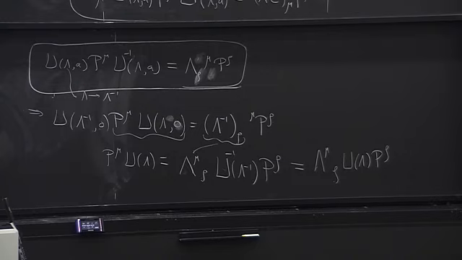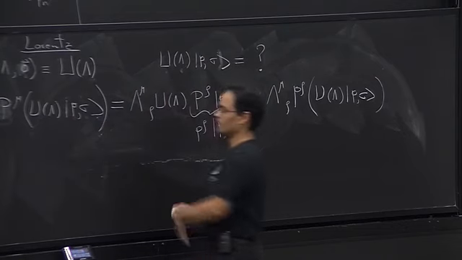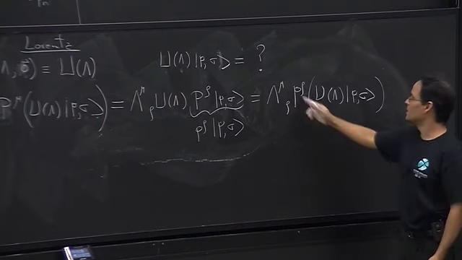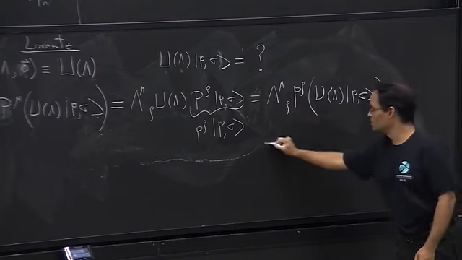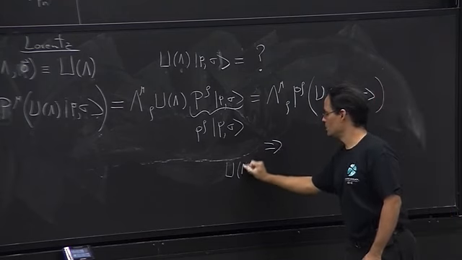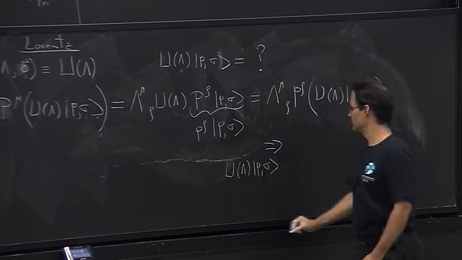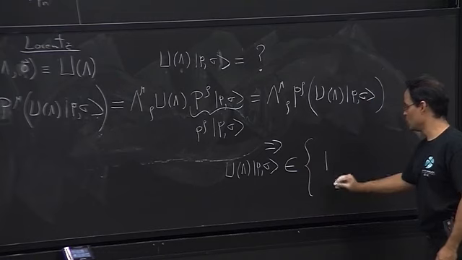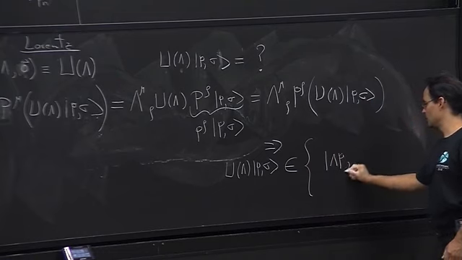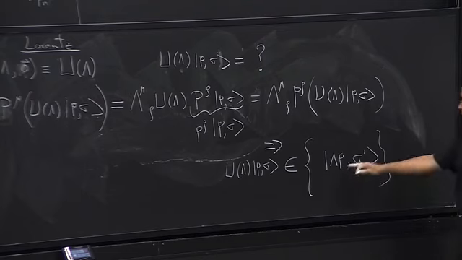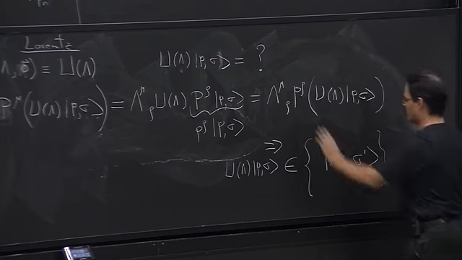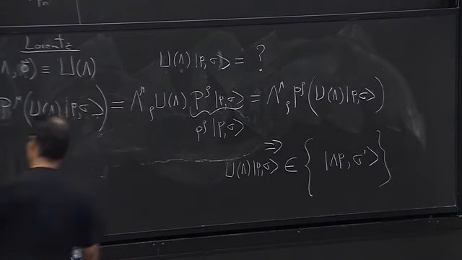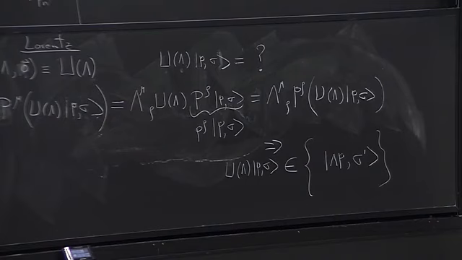That means that this state must live in the subspace of the Hilbert space of particles with momentum lambda p. So this implies that U lambda P sigma lives in the space spanned by all vectors of all one particle states that have momentum lambda p, because that's their eigenvalue. Okay? And if this is true, it means that we can expand it and write it explicitly as a linear combination of all those.